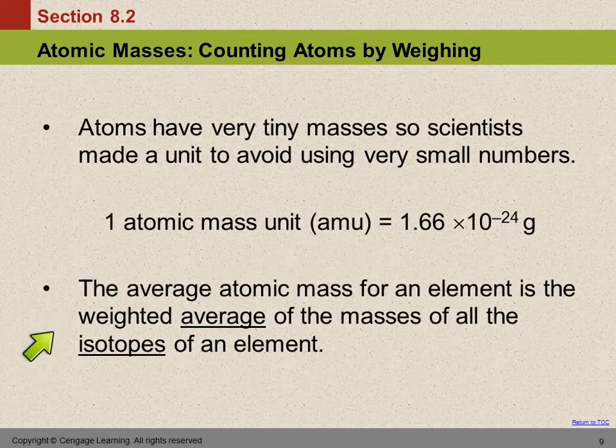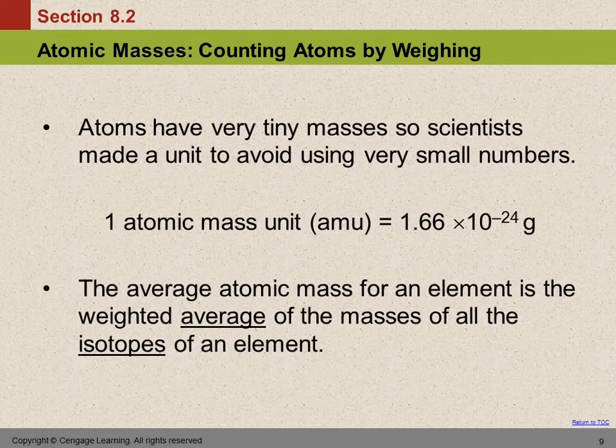And so what we do for elements is we look at the average atomic mass. Because remember, we talked about isotopes and how they have different numbers of neutrons. The neutrons have an atomic mass of approximately 1 atomic mass unit, and the protons are approximately 1 atomic mass unit. So if you throw in an extra neutron or two, it changes the mass of the atom.